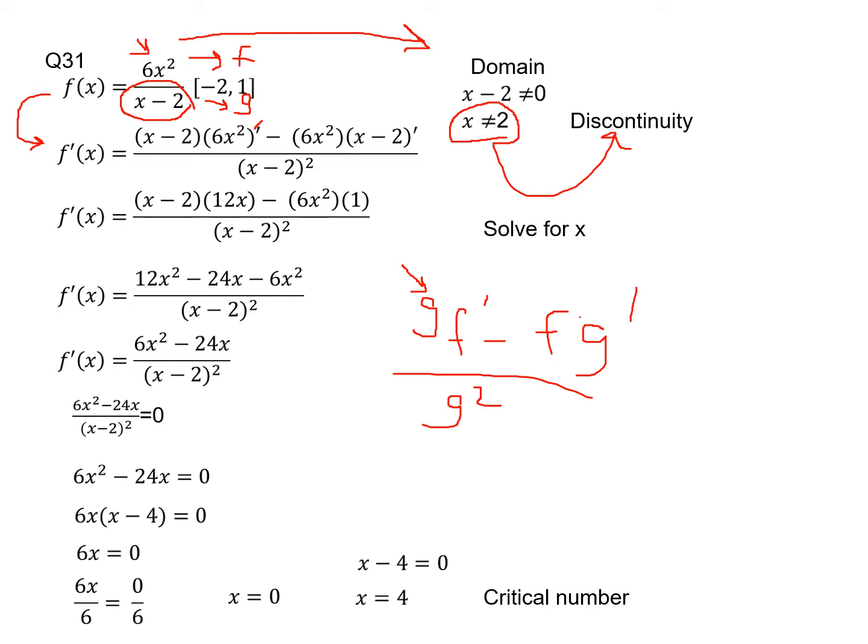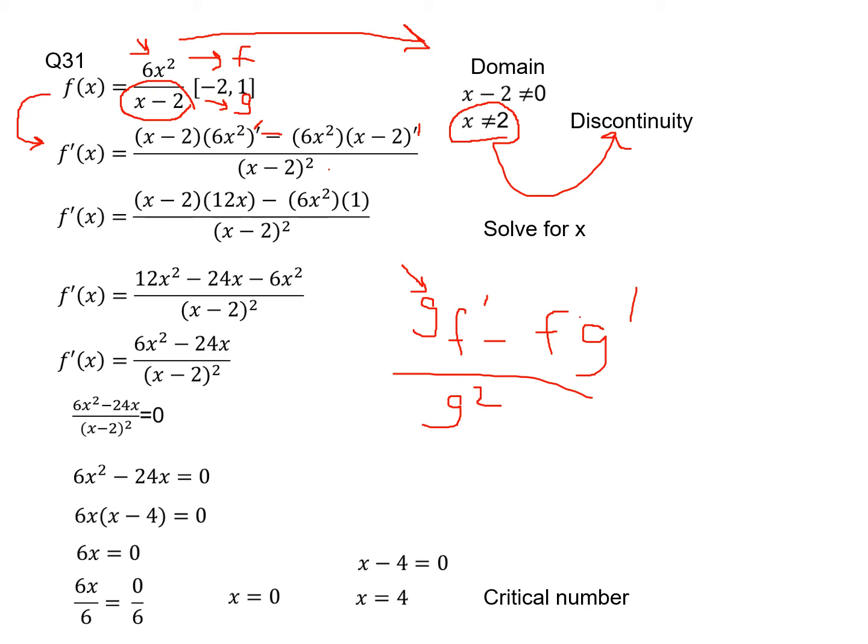Then the function has a minus sign, so write the minus sign. Then f, meaning 6x square, and g, that means x minus 2 with prime, divided by g square, meaning x minus 2 whole square. Now don't do any algebraic operation on the denominator. Keep the denominator as it is throughout the question.